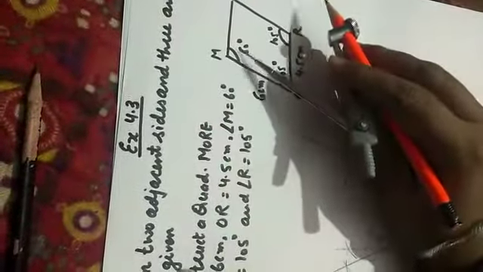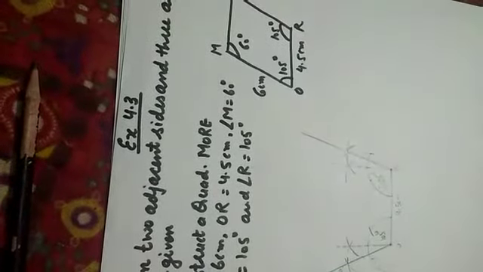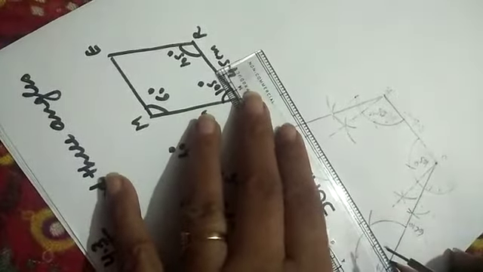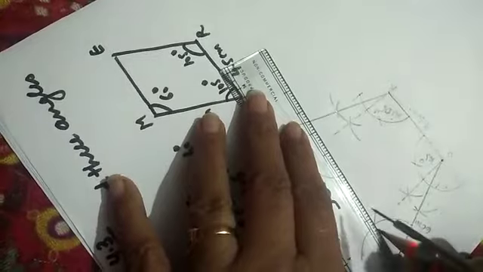Now at point M, 60 degree angle is there. So we'll draw 60 degree angle. Now we'll draw and extend this line wherever it will meet this 105 angle.